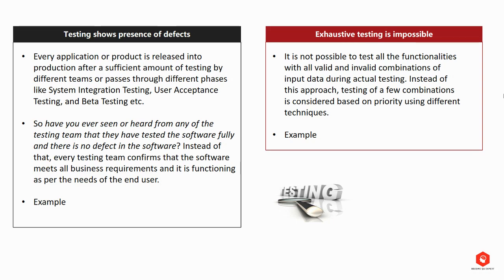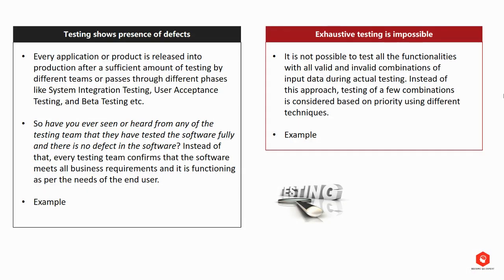Instead, every testing team confirms that the software meets all business requirements and it is functioning as per the needs of the end user. So testing cannot prove that the software is error-free or defect-free. However, the objective of testing is to find more and more hidden defects using different techniques and methods. Testing can reveal undiscovered defects, and if no defects are found, it doesn't mean that the software is defect-free.